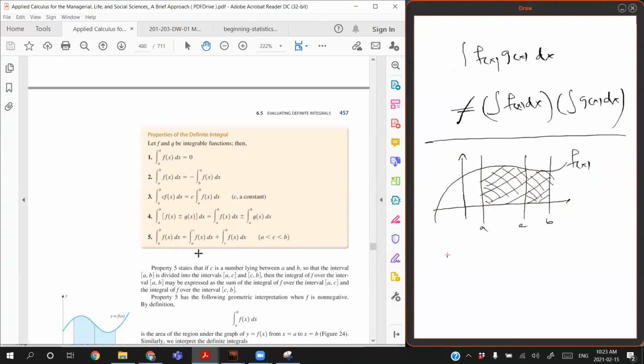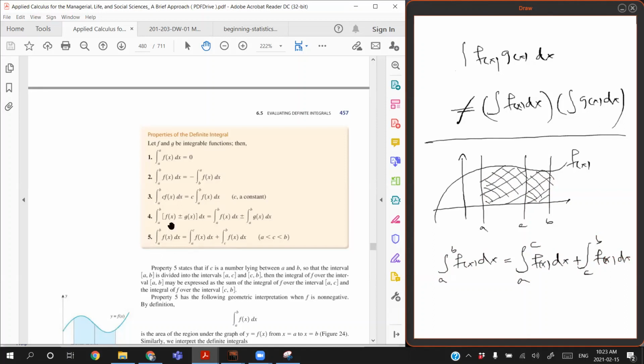The whole area from a to b I can write as integral f of x dx. So this is going to be the integral from a to c of f of x dx plus the integral from c to b of f of x dx.